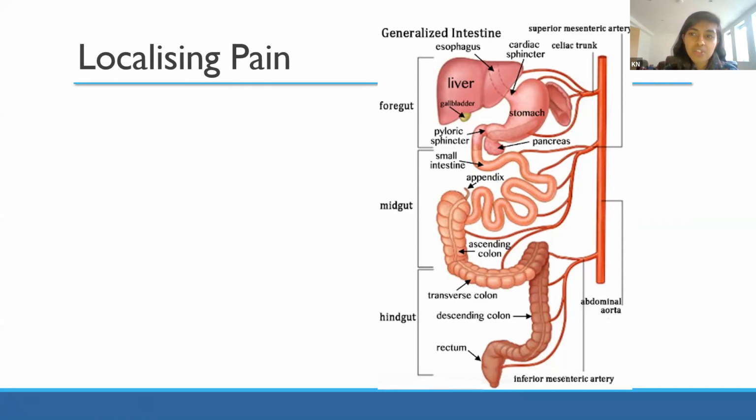If you've got inflammation that hasn't gotten particularly bad, it will irritate the visceral peritoneum. Pain in midgut structures tends to produce referred pain to the periumbilical region. Referred pain from foregut structures tends to go to the epigastric region, and from the hindgut, just below the periumbilical region.